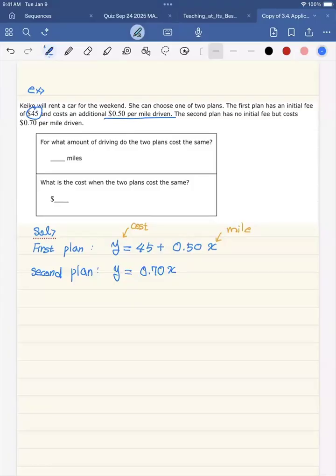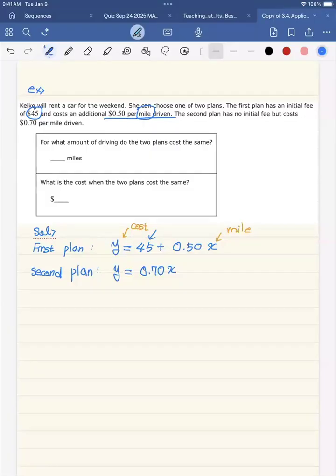So the first plan can be represented by a linear equation with the initial value $45. I wrote the first plan as y equals 45 plus 0.50x. x represents miles, and the output value is the cost.